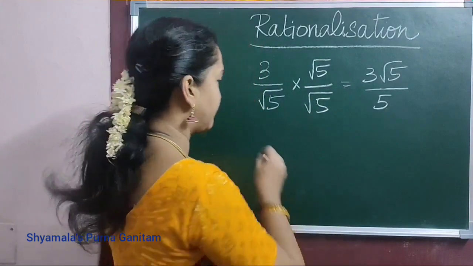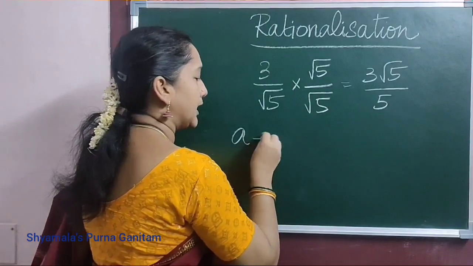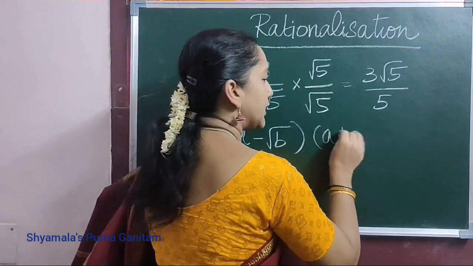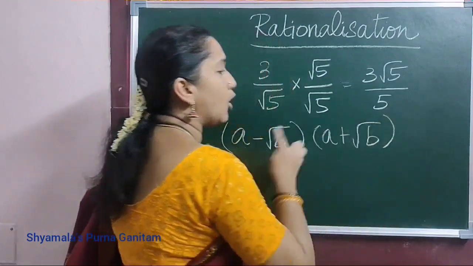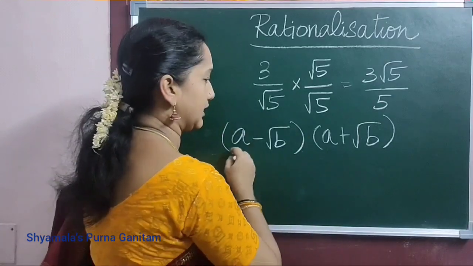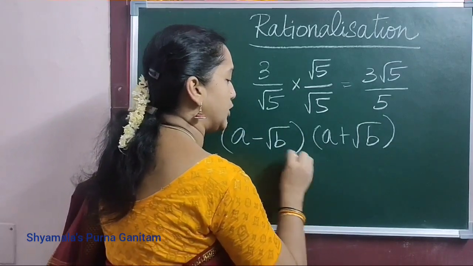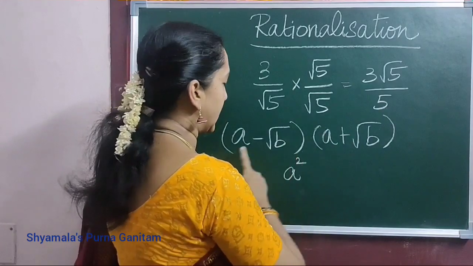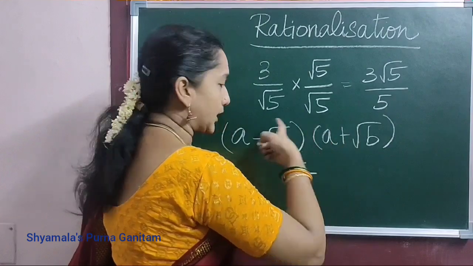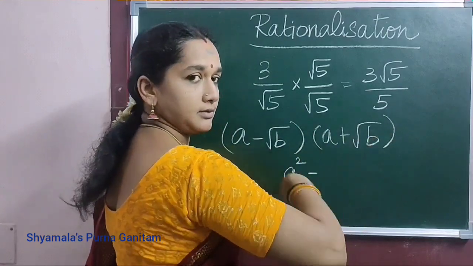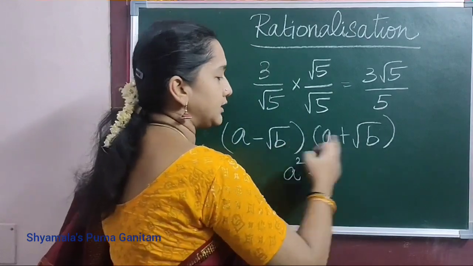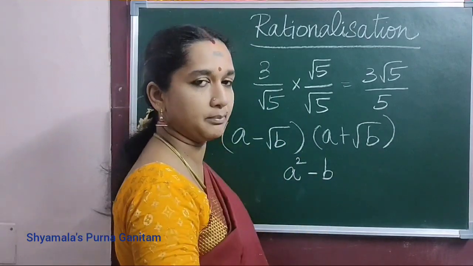For example, a minus root b and a plus root b are the rationalizing factors of each other. When you find the product of these, you get a squared minus b. So you have converted this irrational number to a rational number.